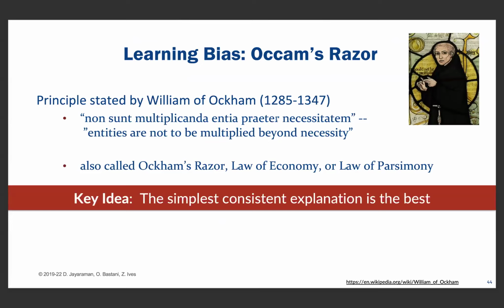The basic idea is that if you need to design an explanation, you should go for the simplest answer. In our case, the simple, consistent explanation is the best, or the explanation which gives the better explanation of the cut, the better explanation of the separation.